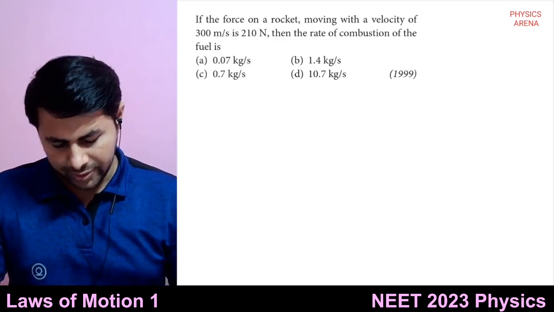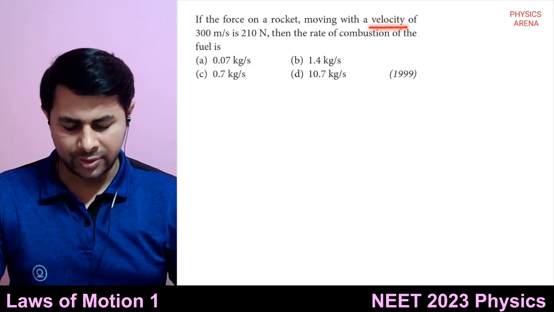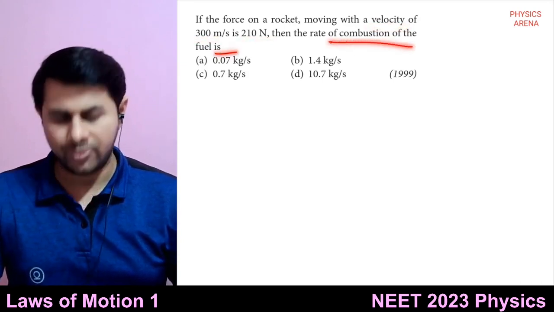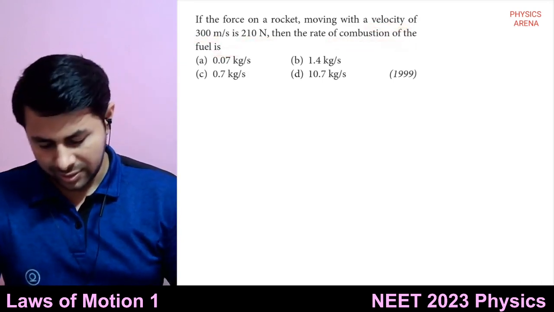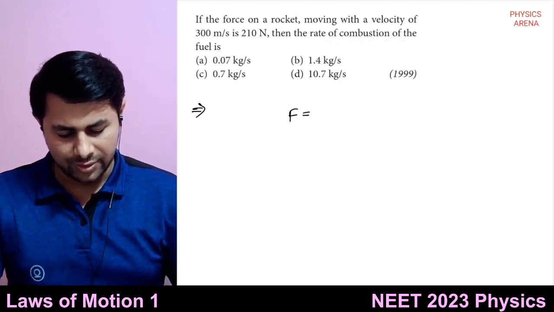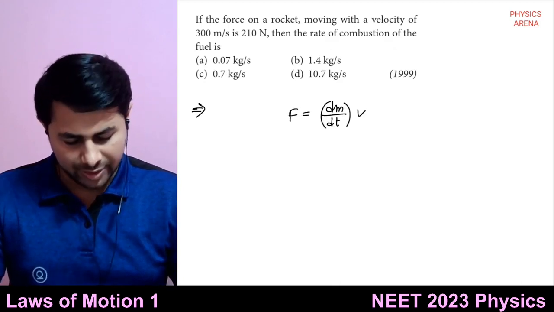Okay, next question. If the force on a rocket moving with velocity of 300 meters per second is 210 Newton, then the rate of combustion of the fuel is. This is also similar. Force is dm by dt multiplied with v.